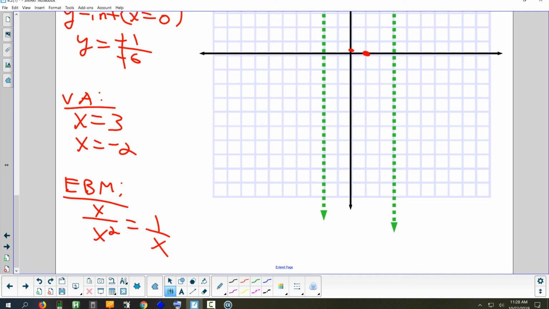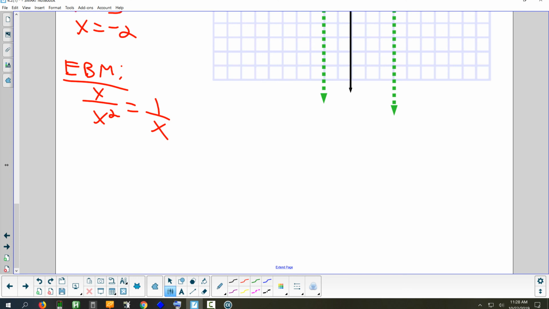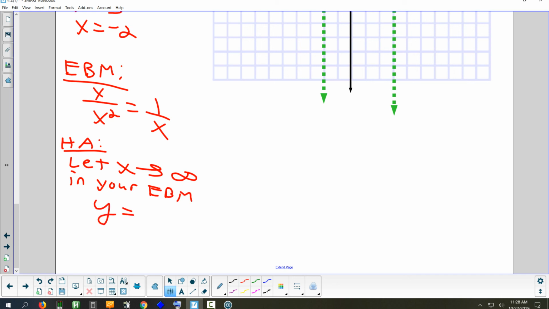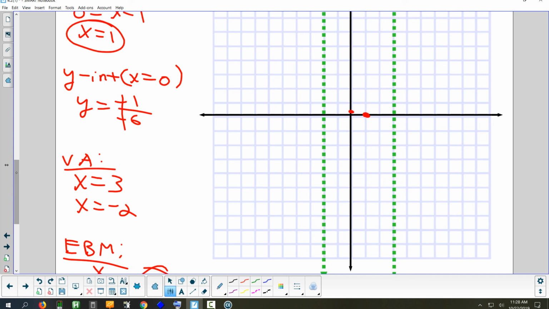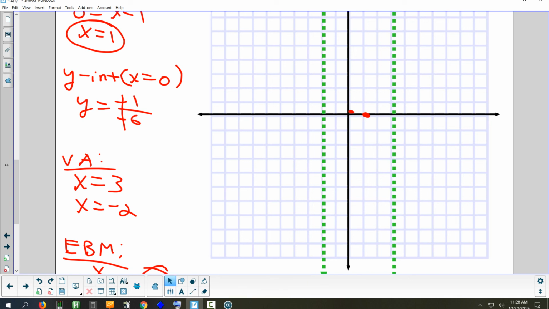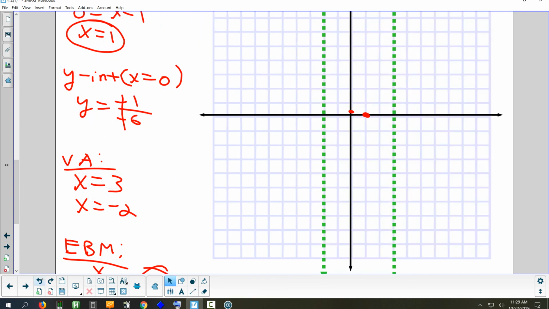Now, we don't really do anything with that other than, so now we're going to do the horizontal asymptote. So let x approach infinity in your EBM. What happens as x approaches infinity? Gets closer to 0. So now put a horizontal line at 0. Let's try going the other way. Okay, so that's that.